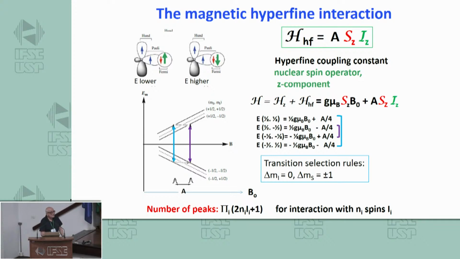So for the electron spin, it's the ms = -1/2 orientation that is lower in energy. The state in which the nuclear spin and the electron spin have quantum numbers of opposite sign is the lowest state, and the one in which they have the same sign is a little bit higher in energy.